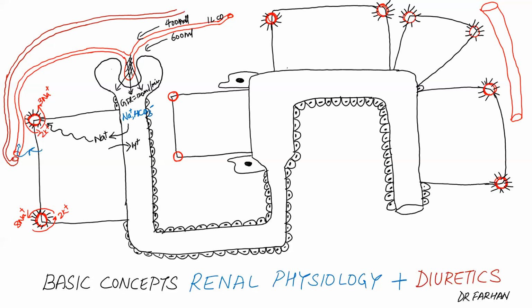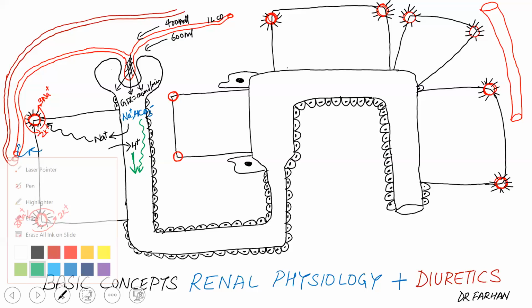All right. The next step in this physiological process is that as this proton comes downwards into the proximal convoluted tubule, it meets the bicarbonate ion. When it meets the bicarbonate ion, there is a union of these two ions.